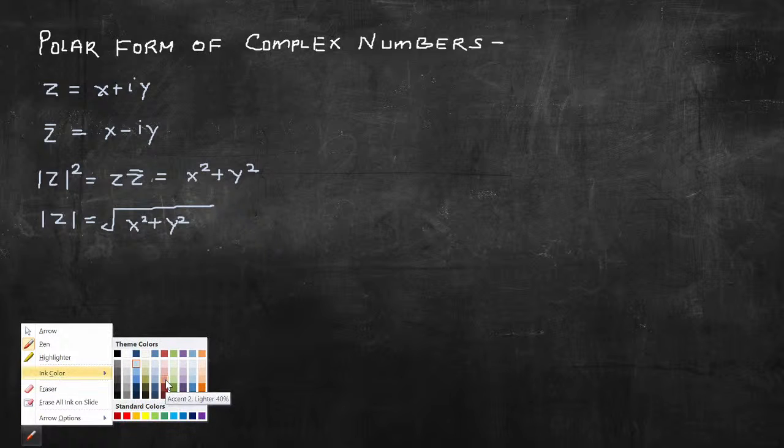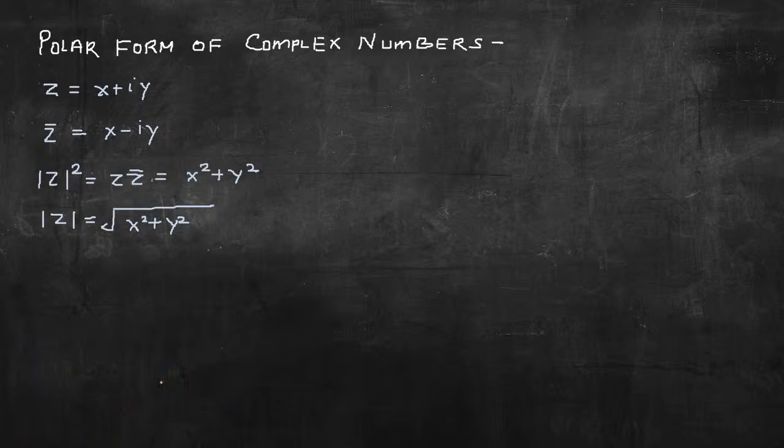So what is the polar form actually? My dear students, if we have a complex number z equal to x plus iota y, and we are talking about a complex number, it means we have a plane known as the complex plane.